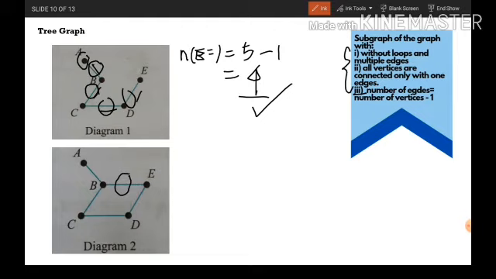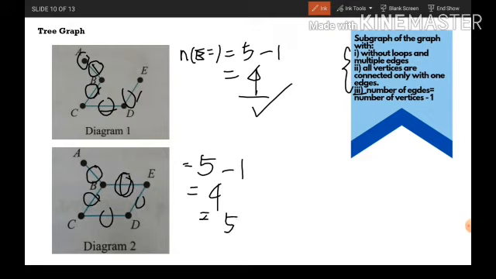What about this one? There is 5 vertices minus 1, supposed to be 4. Look, there is 1, 2, 3, 4 and 5. There is 5 edges. So the diagram 2 is not a tree graph. So that is meant by tree graph.